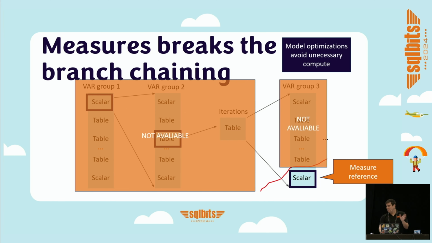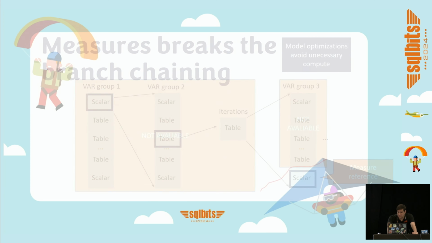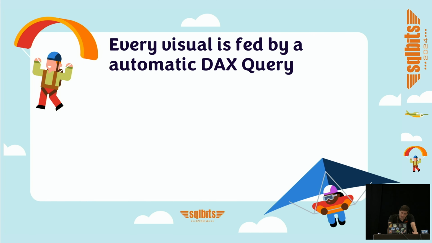But we rely on the optimizations. It's not perfect, so you might hit some scenario where the performance improvements that the engine behind DAX does just don't solve for your scenario. So you might be in trouble.